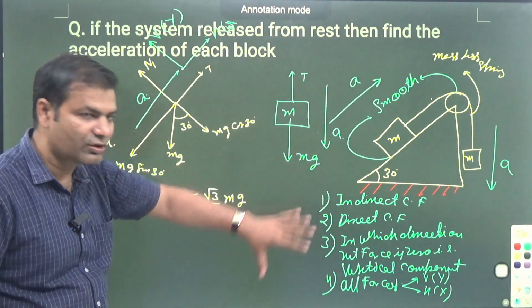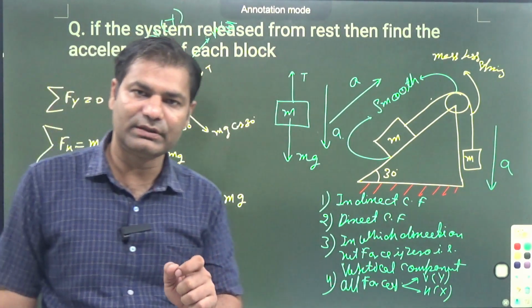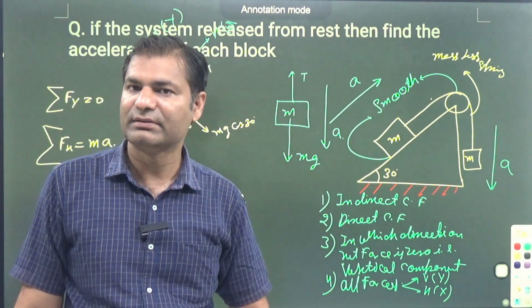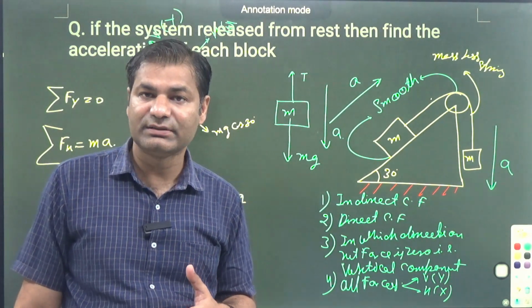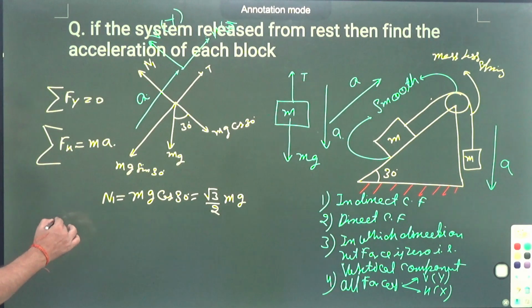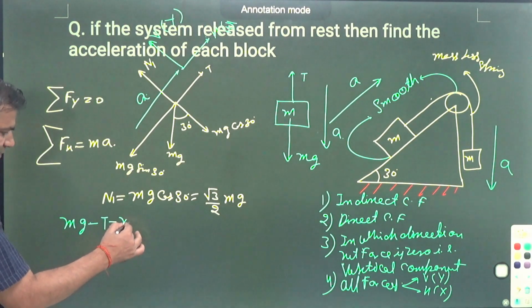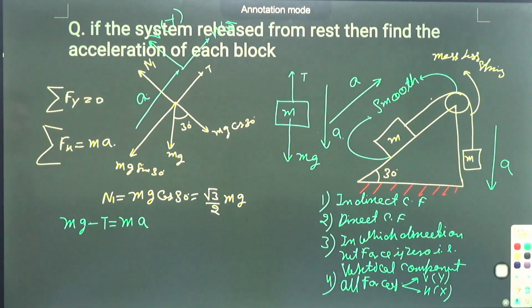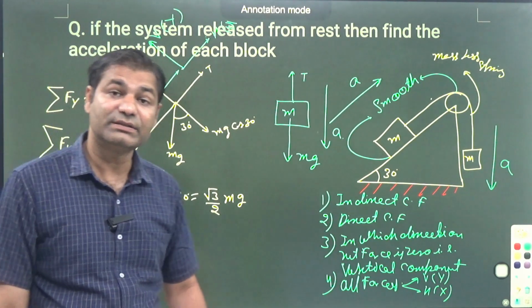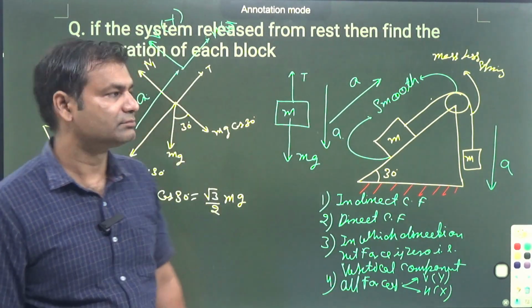If this one is going downward, the only possibility is that mg is greater than T, because T opposes mg. So mg minus T is equal to mass into acceleration.